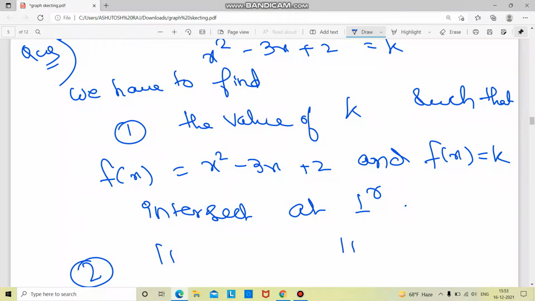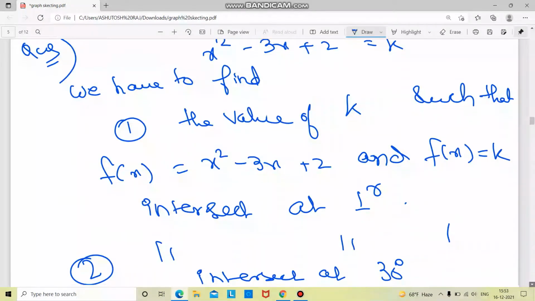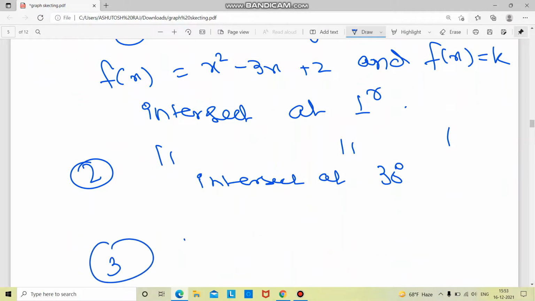Second, the same question, intersect at 30 degrees. Third, the same question, intersect at 60 degrees. These are the three parts which we will solve.